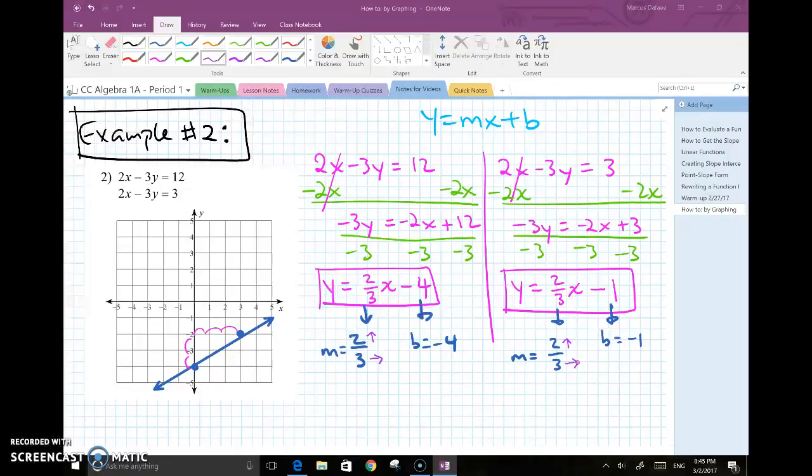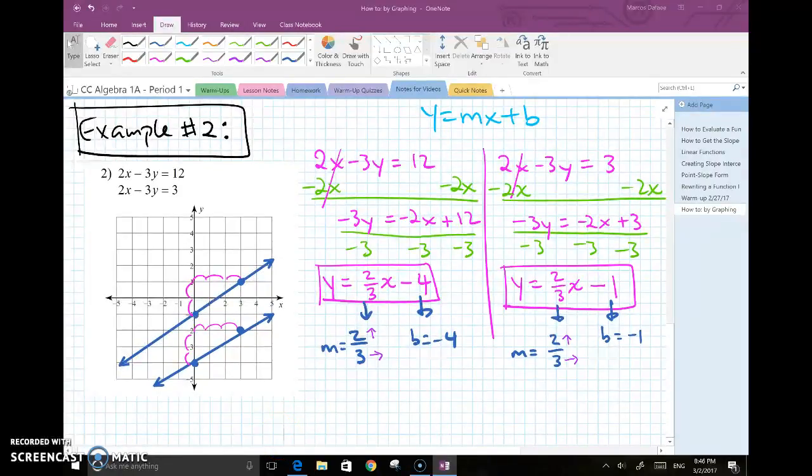The only difference is that my y-intercept puts me somewhere else than where I was the first time. So I'm going to start at negative 1 instead of negative 4. From there, just like before, I will go up twice and to the right 3 times. 1, 2, 3. Put my point and make my line. And what you should notice is that these two lines are parallel to each other.